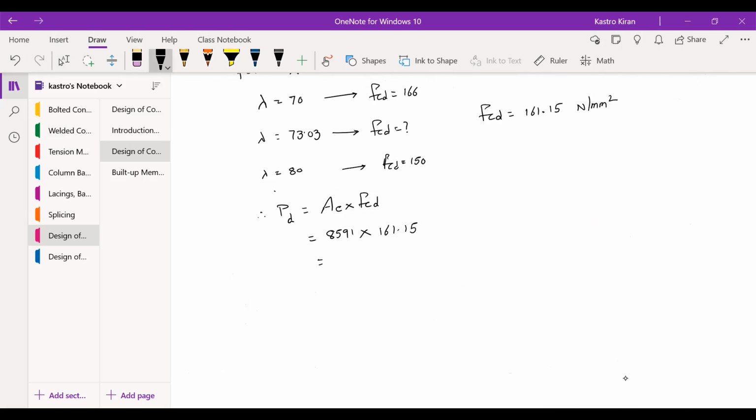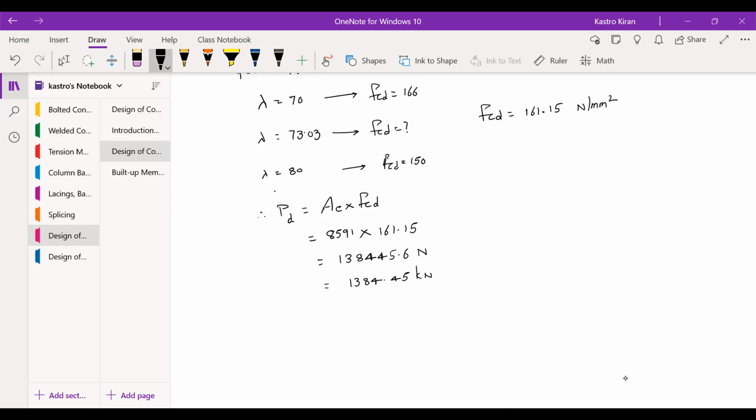If you solve this, it gives 138,445.6 newtons. So let's convert this into kilonewtons. So it will be 1384.45 kilonewtons.